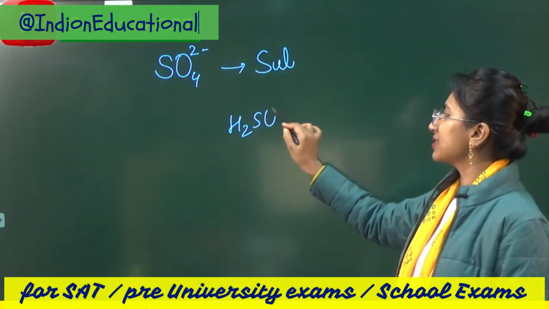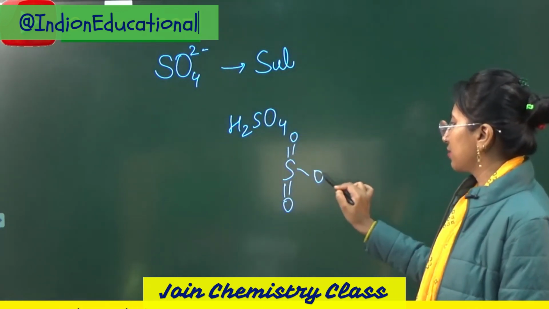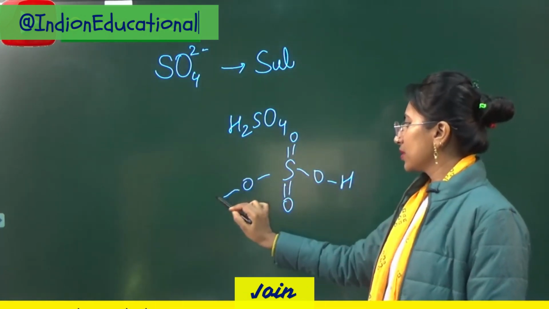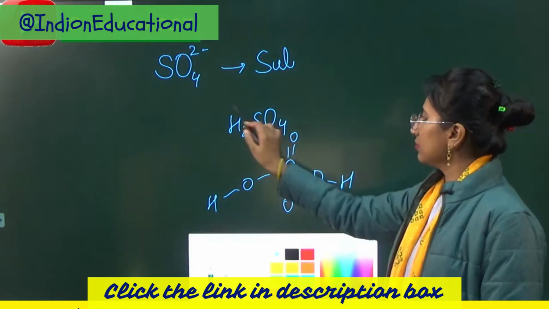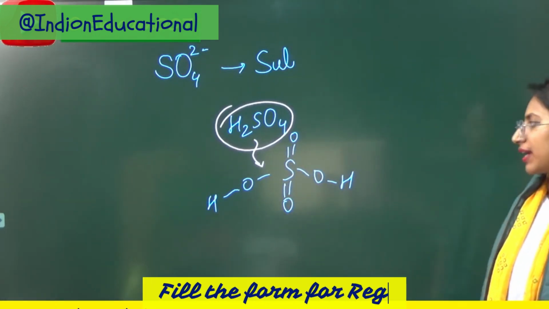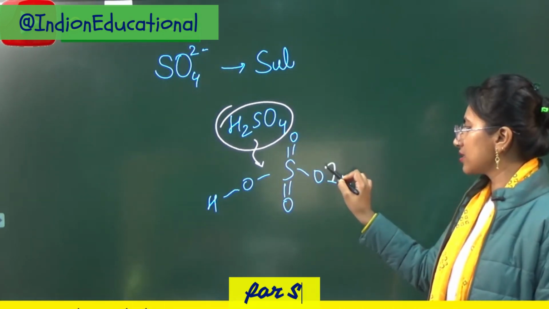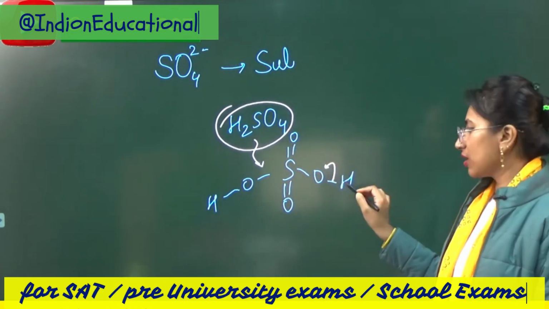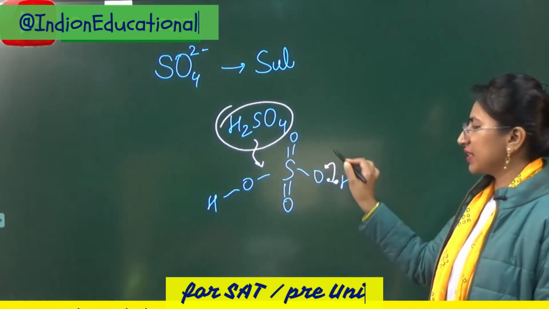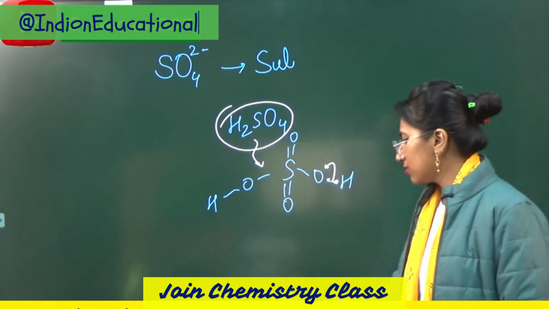H2SO4 is sulfuric acid. Look, this is the structure of sulfuric acid. Oxygen has gained the electron of hydrogen, and hydrogen has lost its electron.